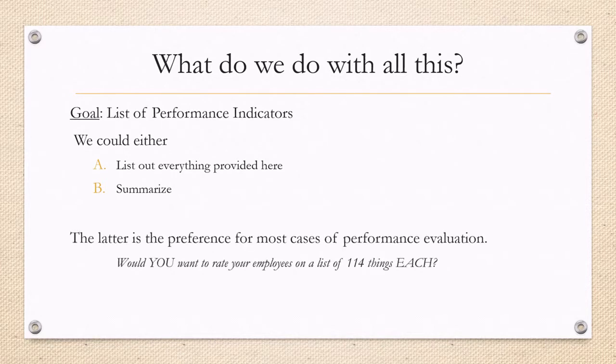So in general, the latter is the preference for most cases of performance evaluation. Just think, if you were doing ratings, would you want to rate your employees on a list of 114 things for each employee? That would get very tedious.